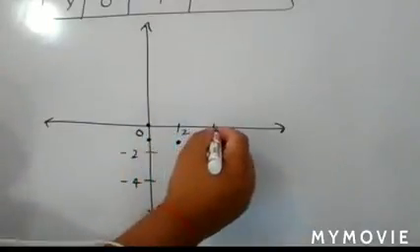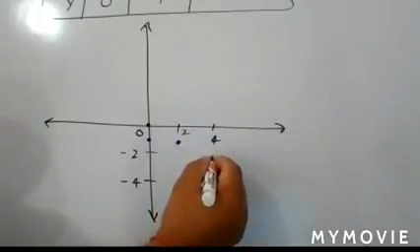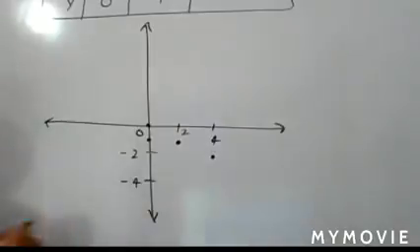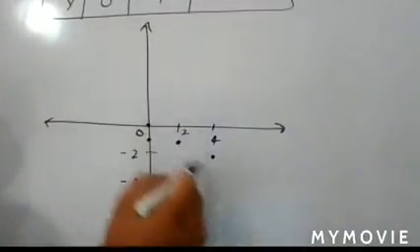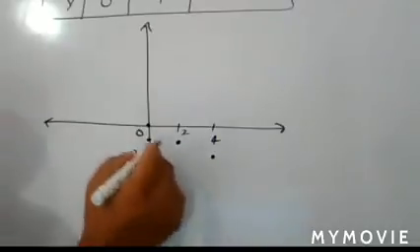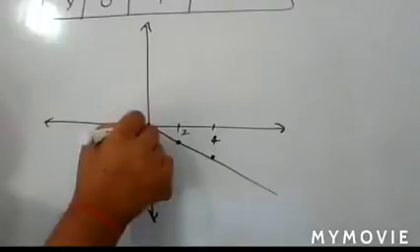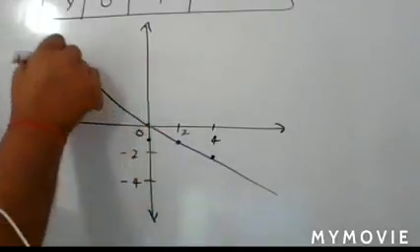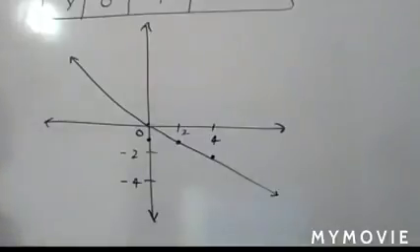And your third point is 4 minus 2, so corresponding to 4, here you have minus 2. Now, with the help of these three points, with the help of a scale, you can draw it. So that gives the equation of the given line.